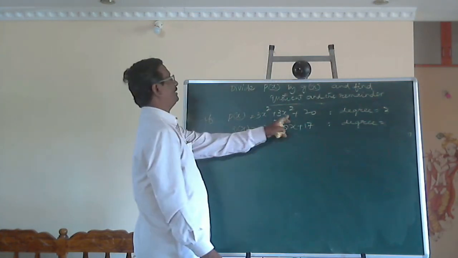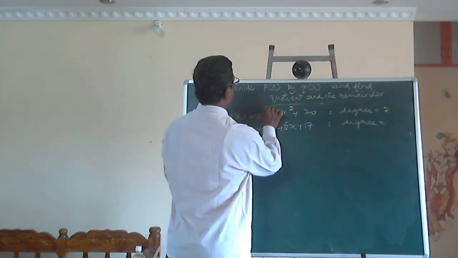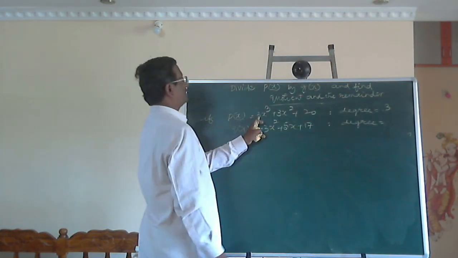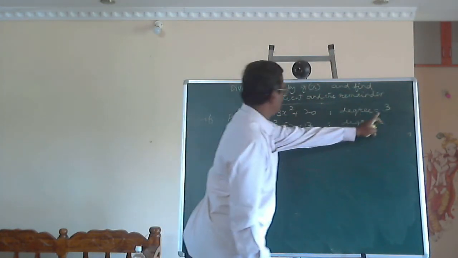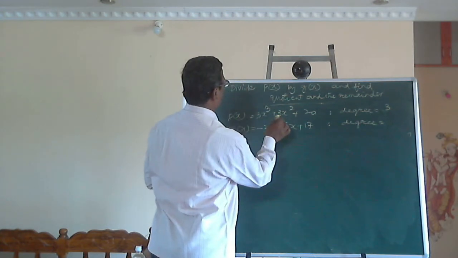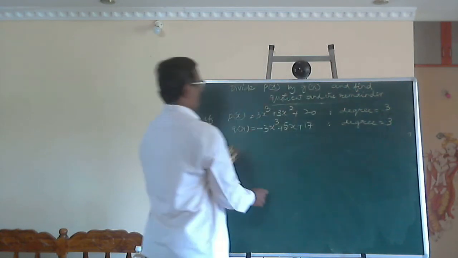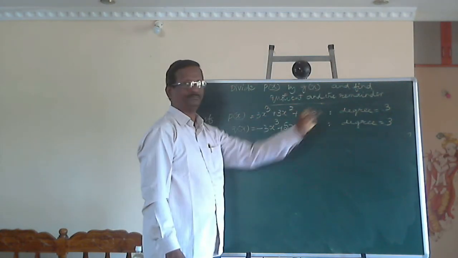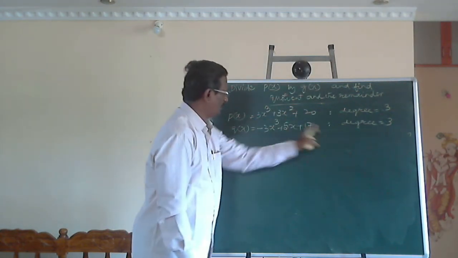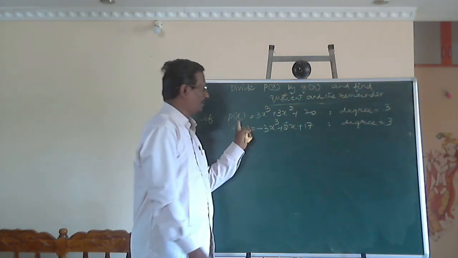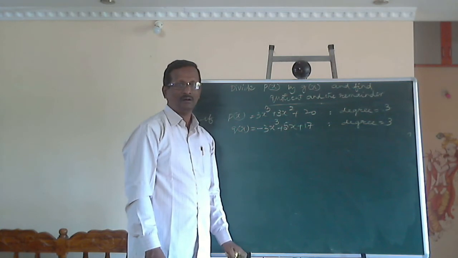First polynomial is of degree 3 and the second polynomial I will also make degree 3. First polynomial, what is the degree? Second polynomial, what is the degree? Degree is the largest exponent among all the exponents of the polynomial.